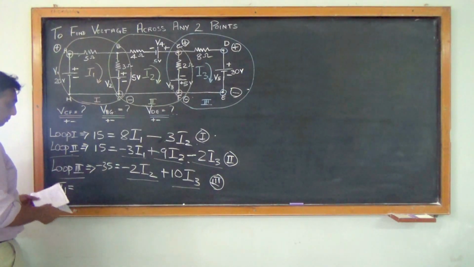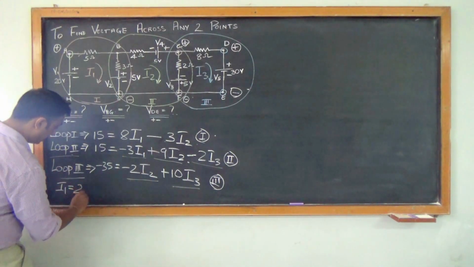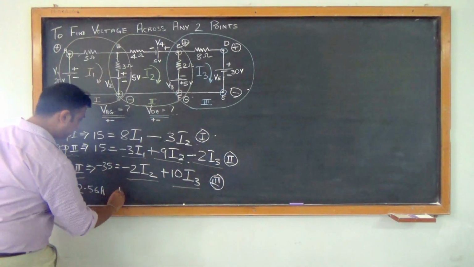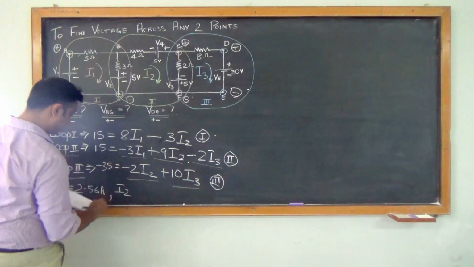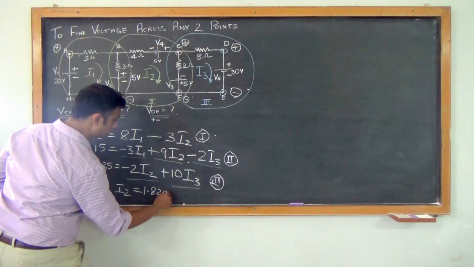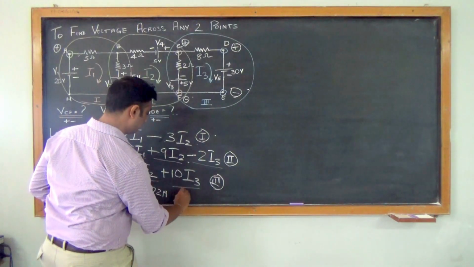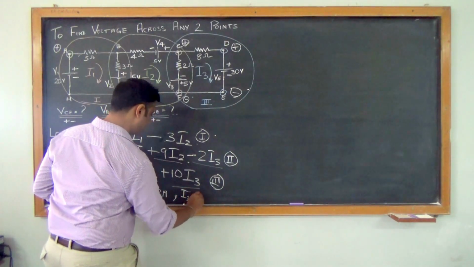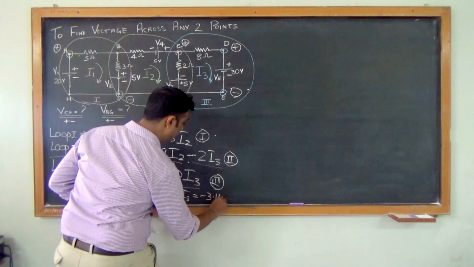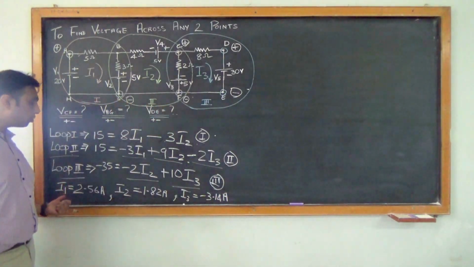Once you input these values in your calculator, you will get I1 as 2.56 amps, I2 as 1.82 amps, and I3 as minus 3.14 amps.